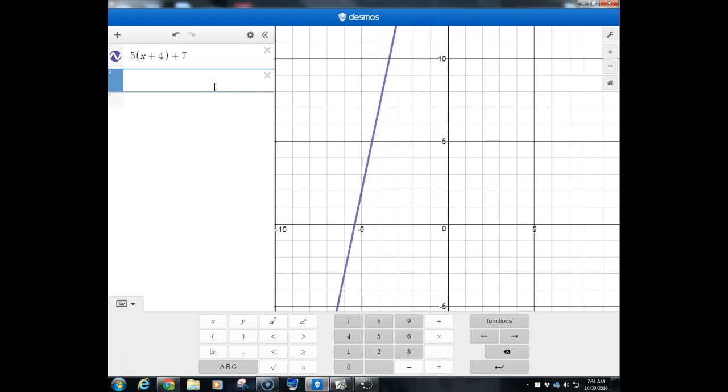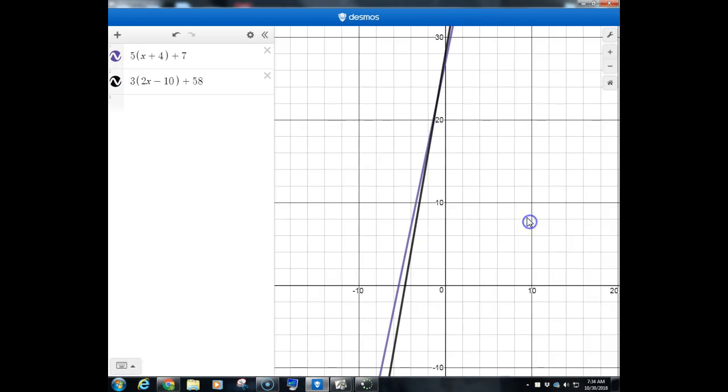And the next one would be 3 times the quantity 2x minus 10, right? Am I wrong? And then plus 58. Alright, so these are the two lines. When you click on it, it tells you where they intersect, right? And you get the answer from there. Okay?